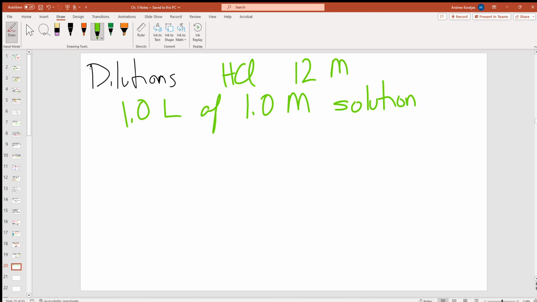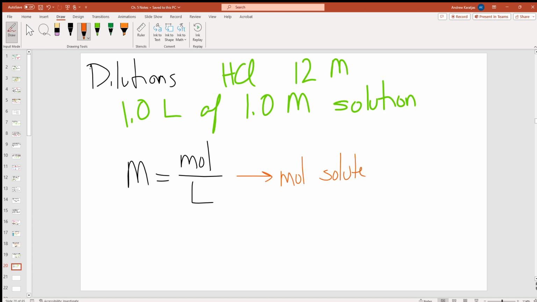How are we going to get that? Well, what we need to determine is how many moles of hydrochloric acid do we need. So if we know that molarity is equal to moles over liters, then we can rearrange this equation to say that moles of solute is equal to the molarity of the solution times the liters of the solution.